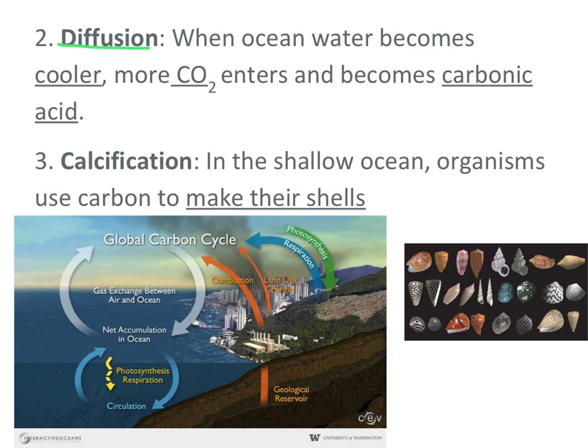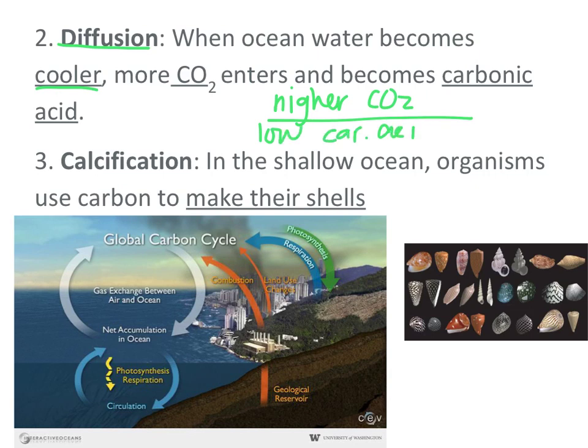In the case of a time when the ocean water becomes cooler, we end up with a higher concentration of carbon in the atmosphere and a lower concentration of carbonic acid in the ocean. When that's the case, we end up with the carbon going from the air to the ocean in reverse.